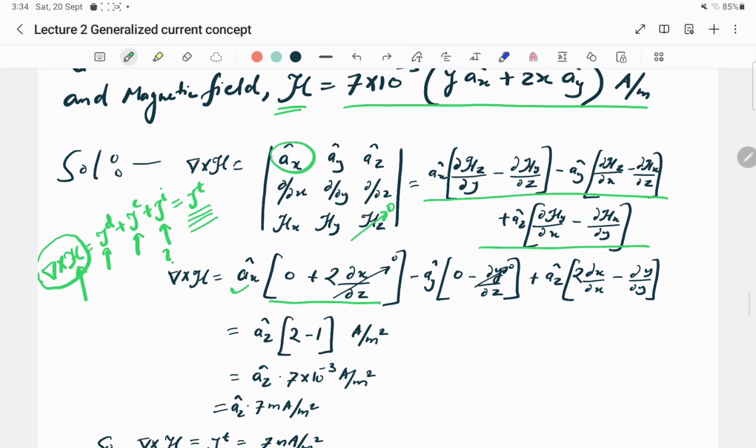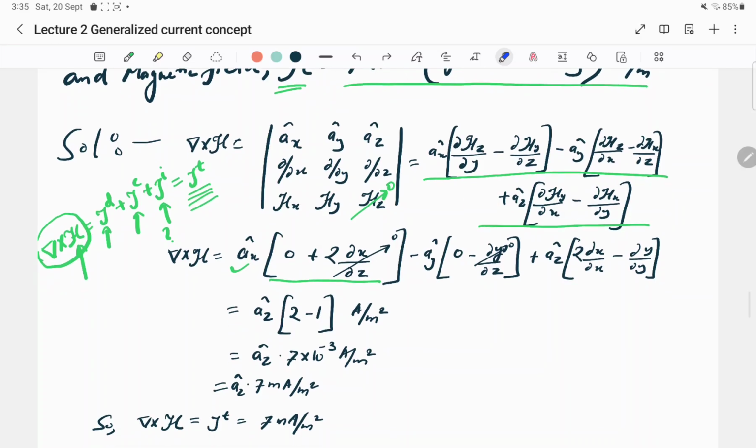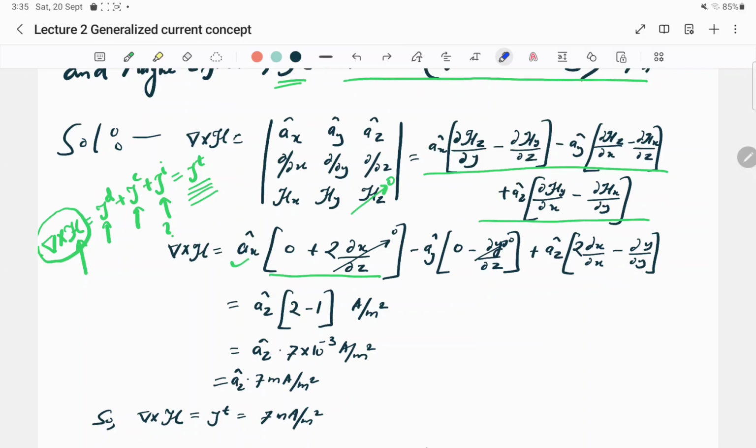That is AX cap times (del HZ by del Y minus del HY by del Z), minus AY cap times (del HZ by del X minus del HX by del Z), plus AZ cap times (del HY by del X minus del HX by del Y). So it is just the curl operation on the magnetic field.